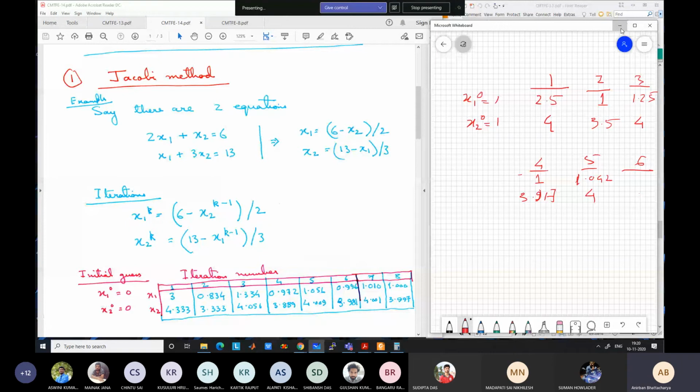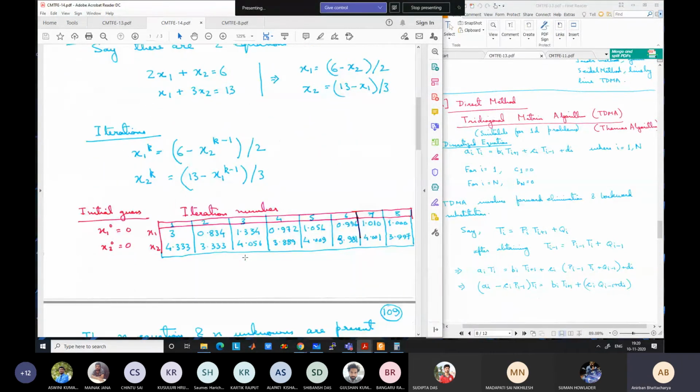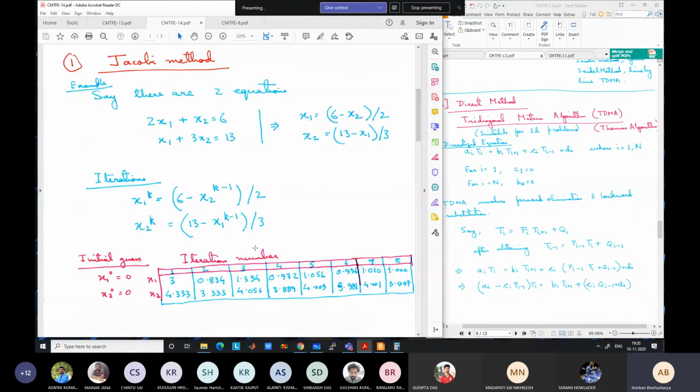So anyway, any of the guess values can be taken. The convergence rate depends on the guess value. Typically for physical problems, you have some idea about the guess value. For example, if it is a temperature solution and a transient problem, the previous time step values will be known.